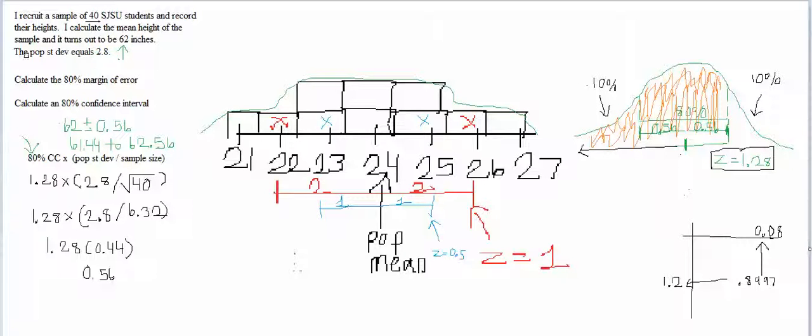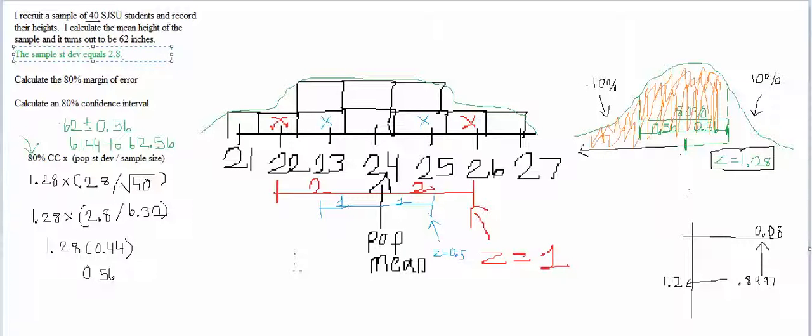In a real-life situation, when you're studying a population, you don't have that number, but you have something called the sample standard deviation, which can be calculated. So what if I change this type of question, and instead of giving you a population standard deviation, I say that the sample standard deviation equals 2.8.